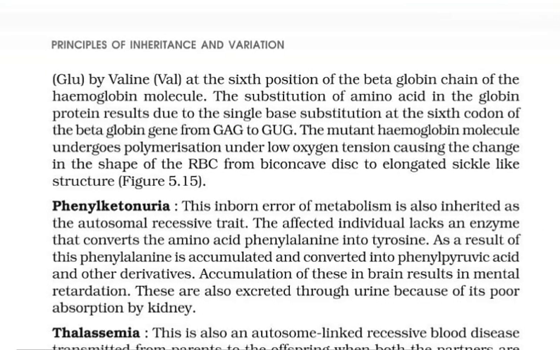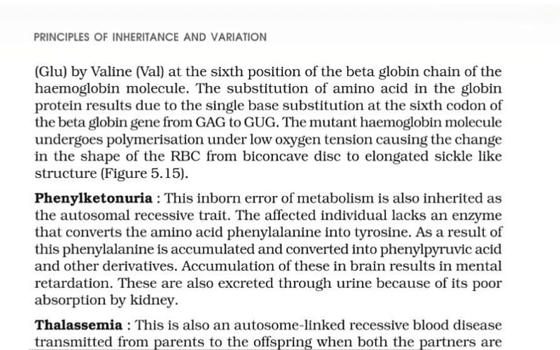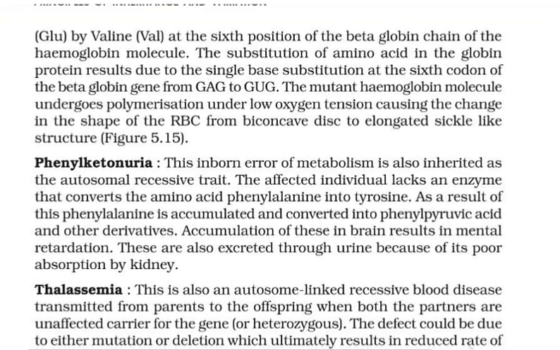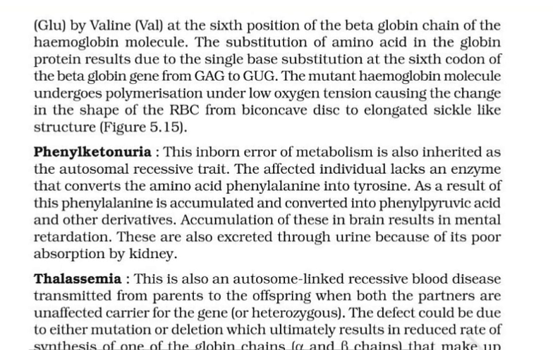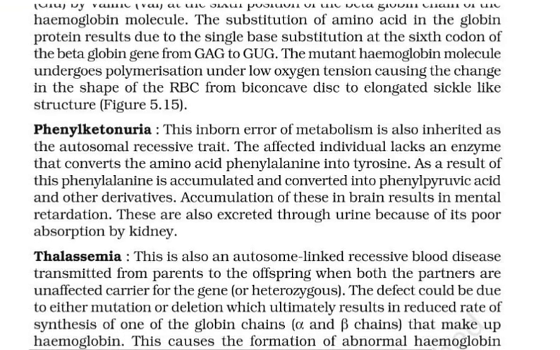The defect could be due to either mutation or deletion, which ultimately results in reduced rate of synthesis of one of the globin chains, that is, alpha and beta chains that make up hemoglobin. This causes the formation of abnormal hemoglobin molecule, resulting in anemia, which is characteristic of the disease.